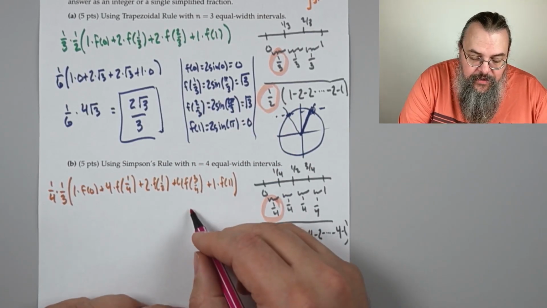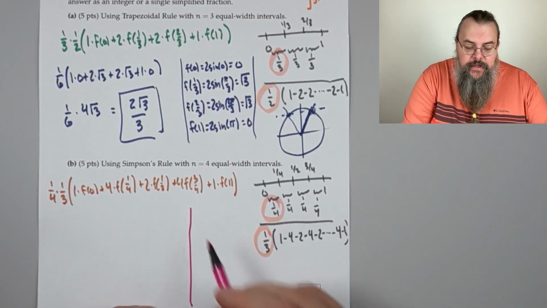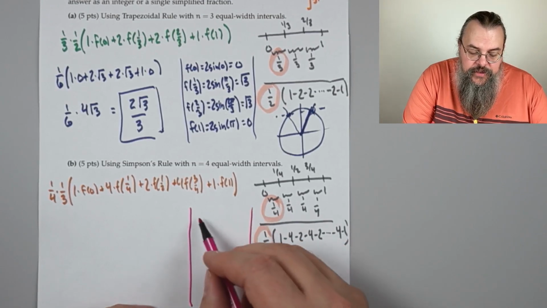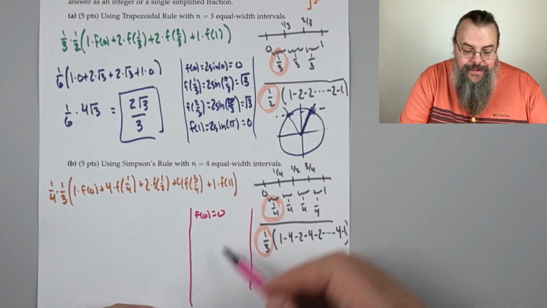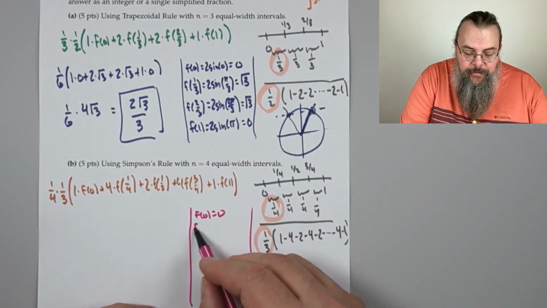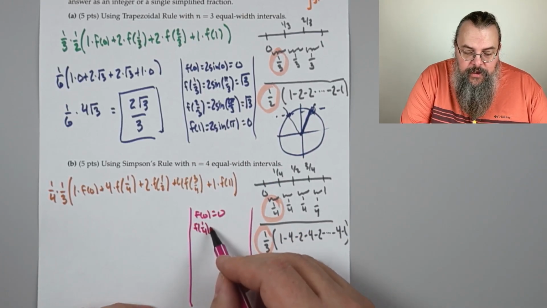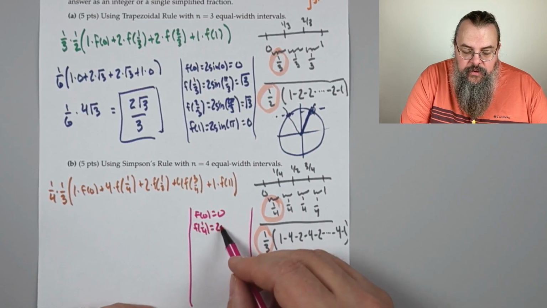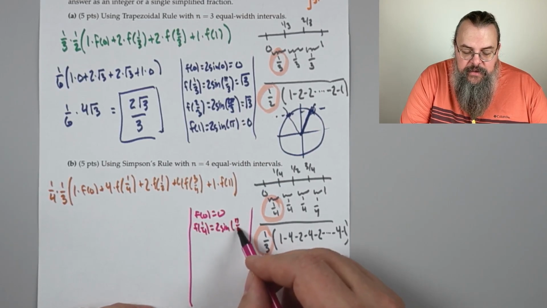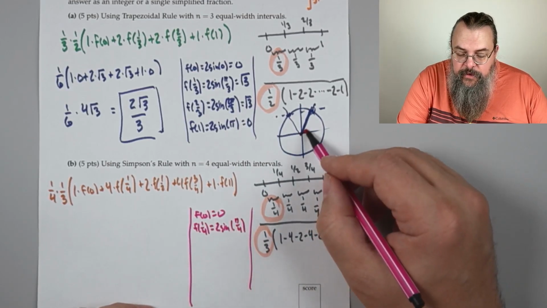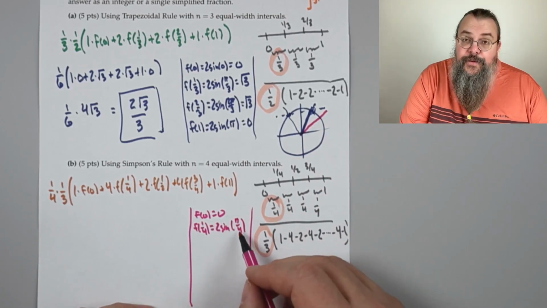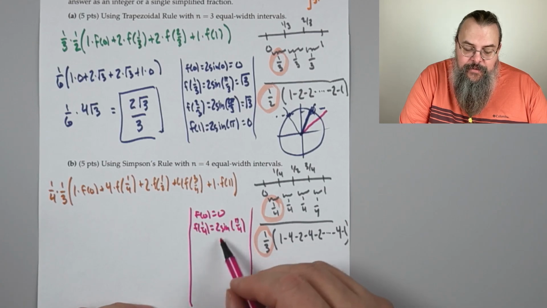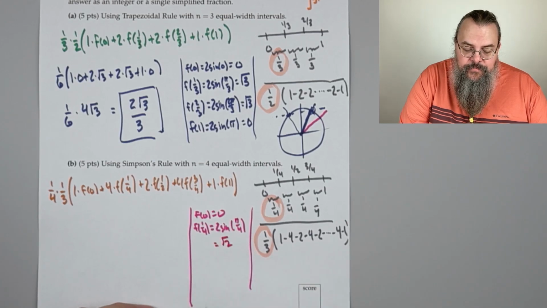So we have f of 0. Well, that hasn't changed. It was 0 before, 0 now. We have our f of 1/4. That's 2 sine of pi fourths. That's our 45-degree angle, and that is root 2 over 2. Times the 2, that gives us a root 2.